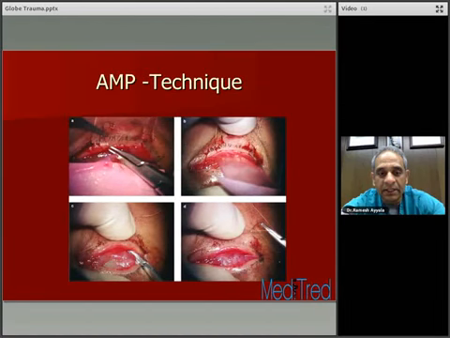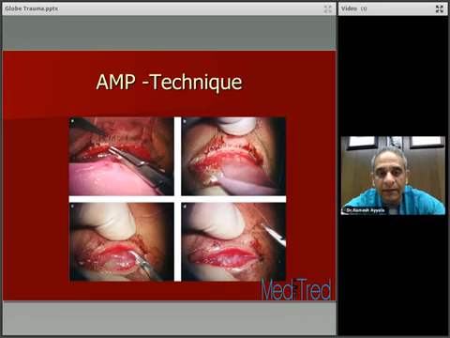Here is the technique involved in application of amniotic membrane graft. The idea is to drape the entire conjunctiva and cornea from limbus to fornix, from superior fornix to inferior fornix, and then twist it outwards to cover the inside of the lid as well, and then using mattress sutures, suture the amniotic membrane to the inside of the conjunctiva.